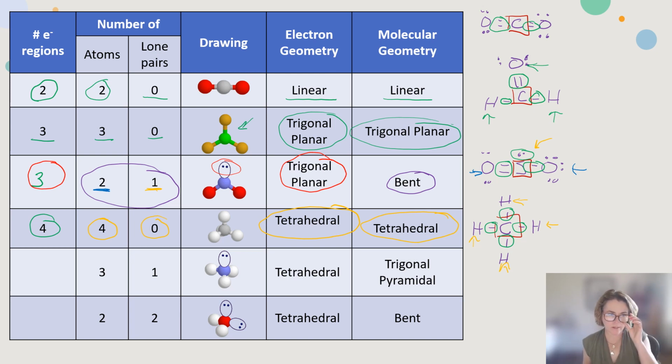I hope you're starting to see a pattern where if the number of electron regions matches the number of atoms, then the electron and molecular geometries are the same. It's when the electron regions don't match the number of atoms that you're going to have a different molecular and electron geometry.